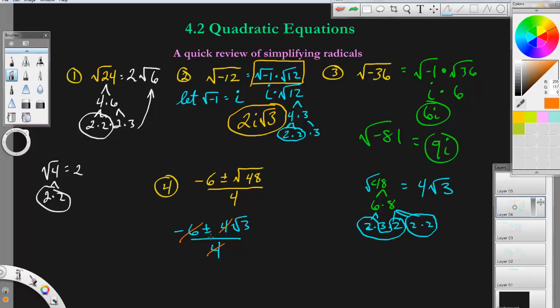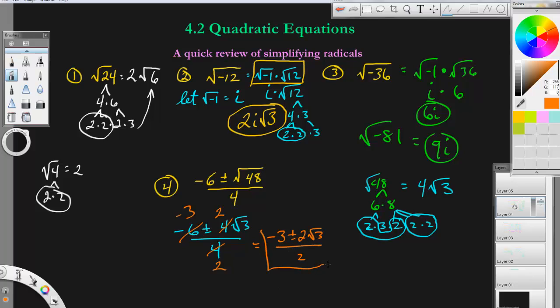If I'm reducing this by 2, this would be -3. This would be, what would that be right there? Good, 2, and this would also be a 2. So we'd write our correct answer as -3 plus or minus 2 radical 3 over 2.